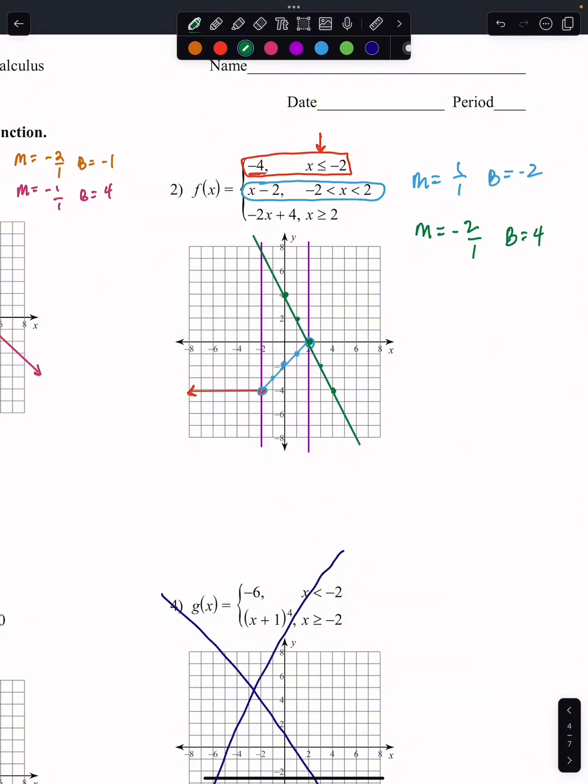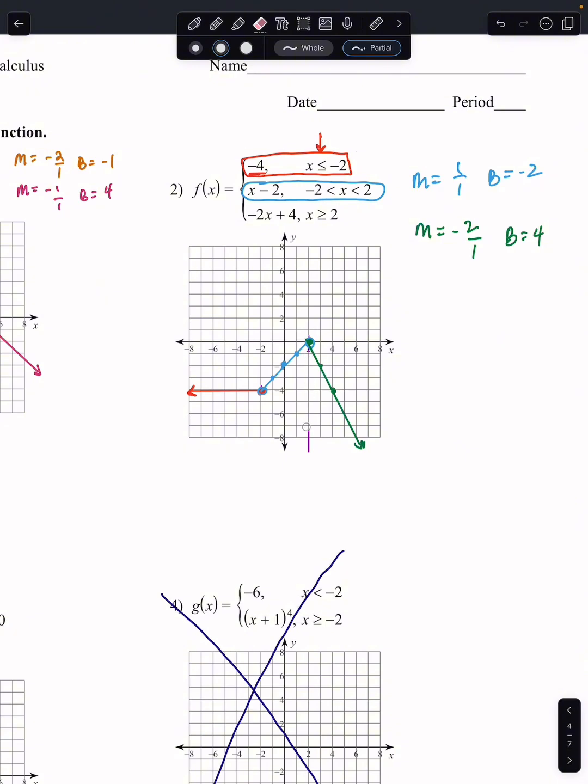Now, I do want to point something out. We have our 3 lines drawn, and then we have this right here. I do want to point out that at the -2 where they overlap, whichever one has the equal to sign is the one that wins that battle.